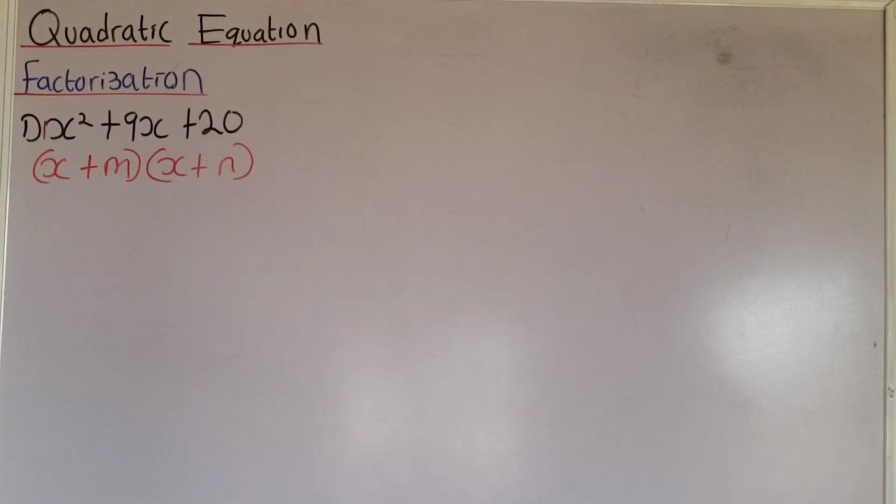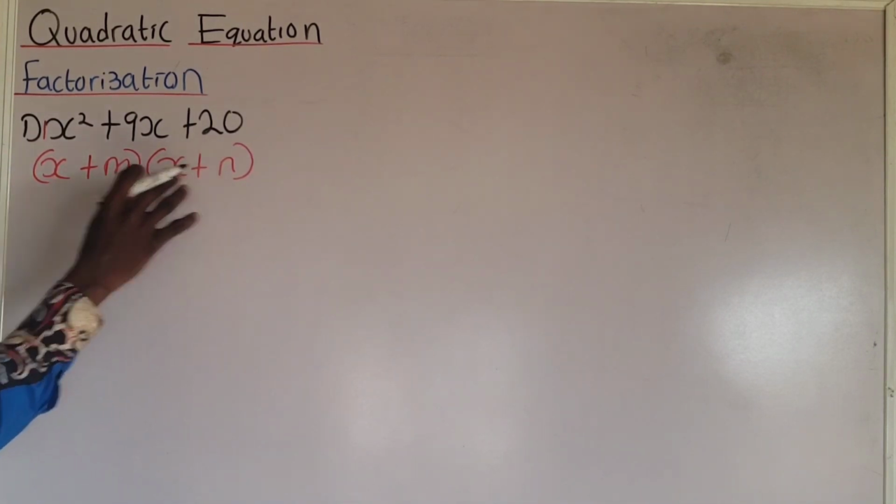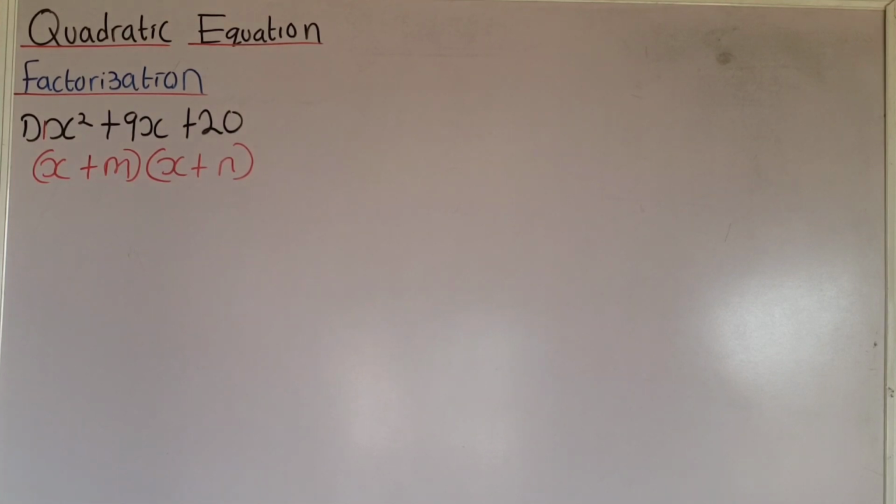Now there is something called the sum in a quadratic equation. Sum simply means the sum of the roots. We have another concept called the product, which simply means the product of the roots. These two numbers, their sum must be equal to the second term in the quadratic that you have to factorize.